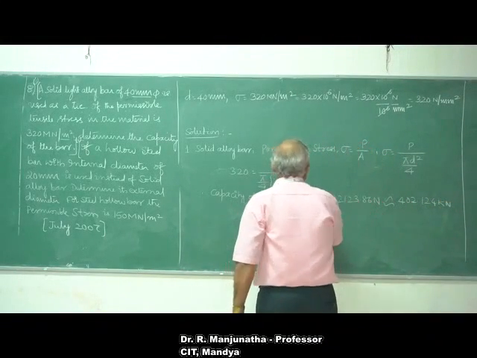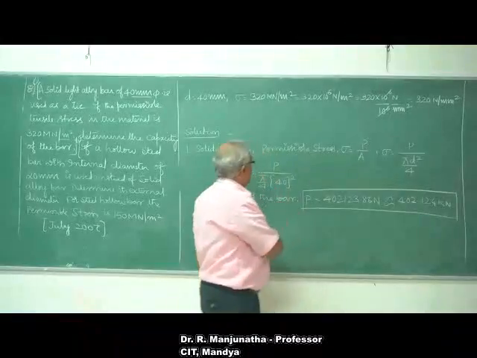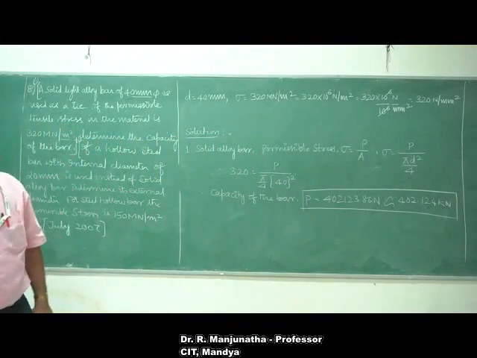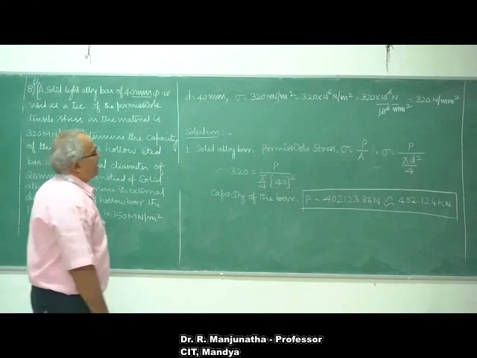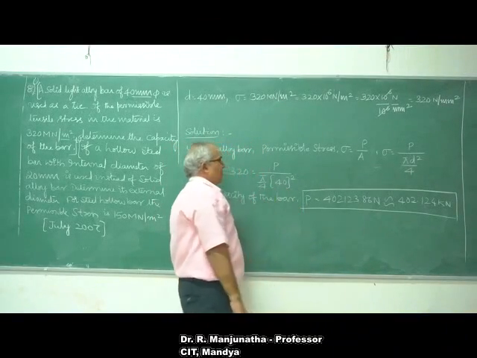So this is going to be the final answer for the permissible stress of 320 newton per mm square, and the diameter of the solid bar equal to 40 mm.